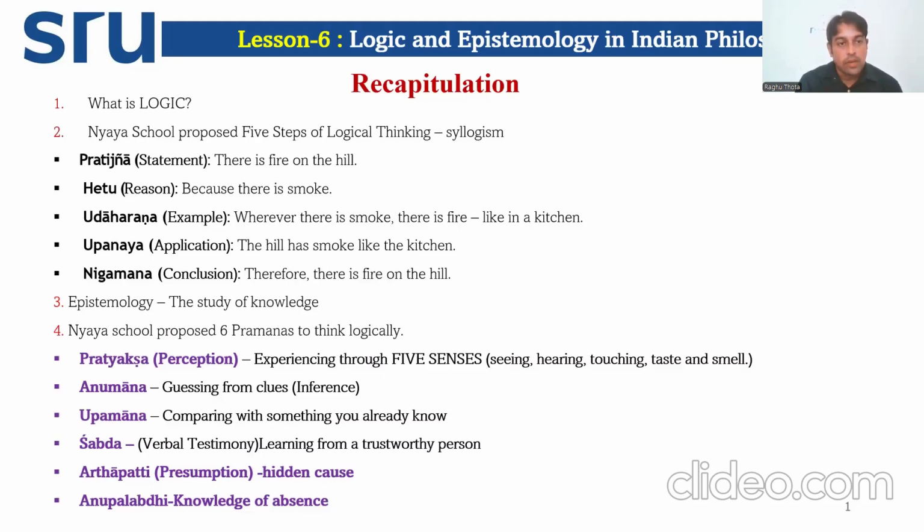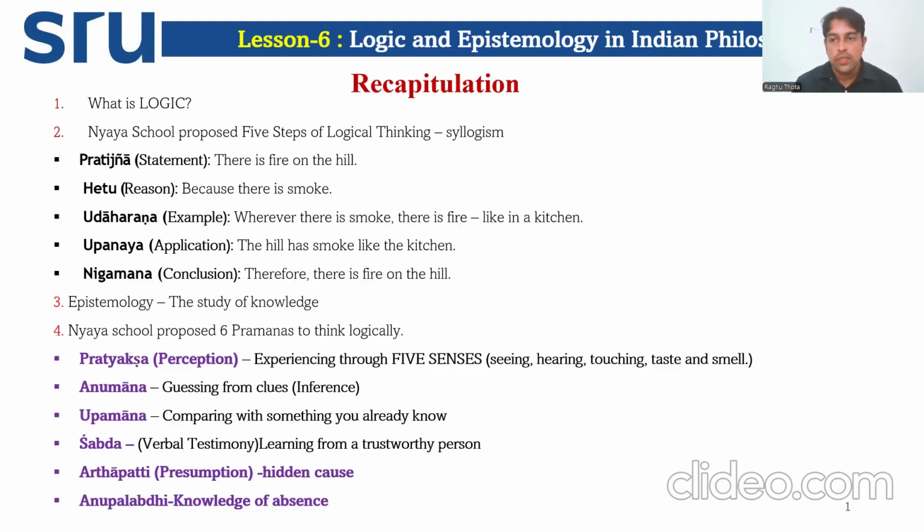This is called analysis. These are the 5 steps of analytical and logical thinking proposed by Nyaya school, which we call syllogism.